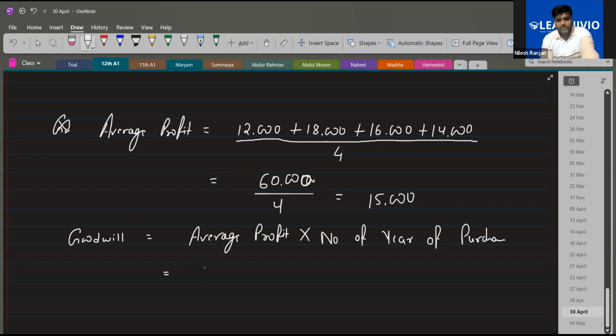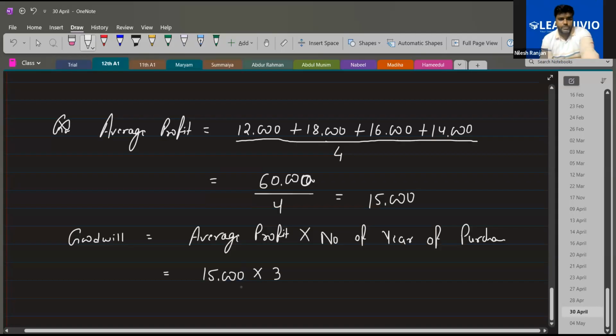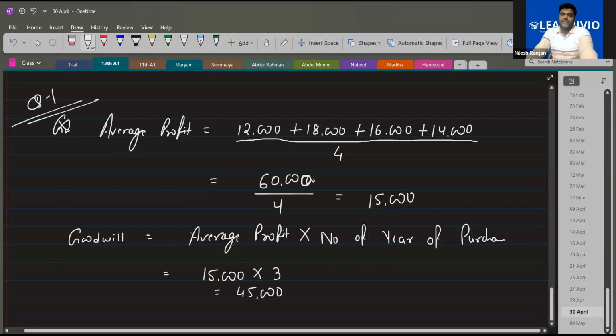Average profit is 15,000 into 3. The number of years purchase is 3. So it is 45,000. This is the solution. This is a very simple question actually, so you don't have to write it down. I will solve one different question.